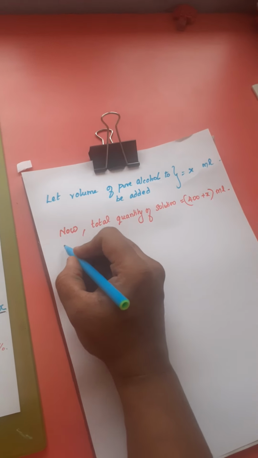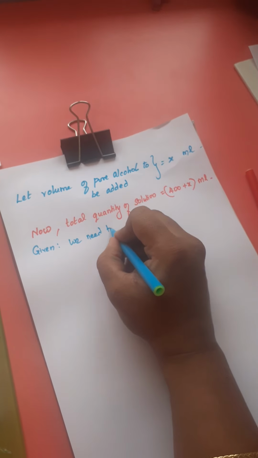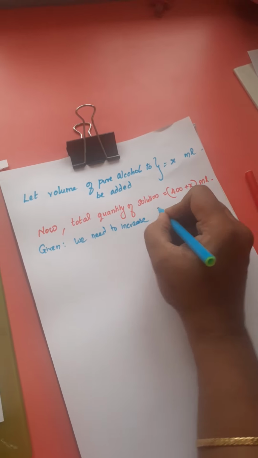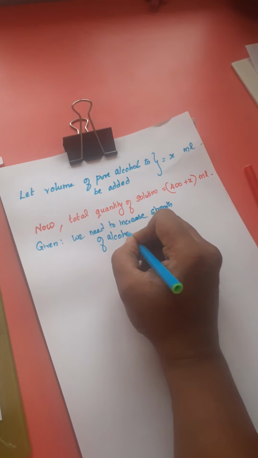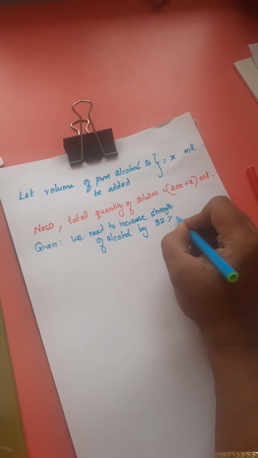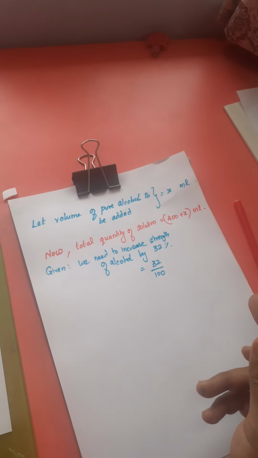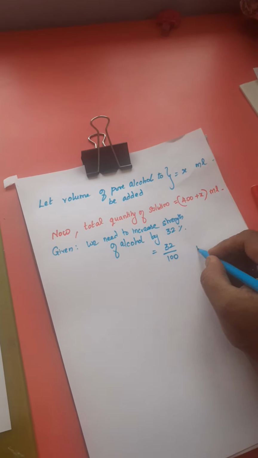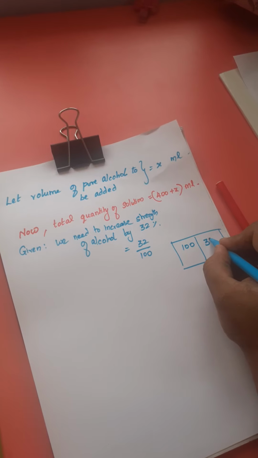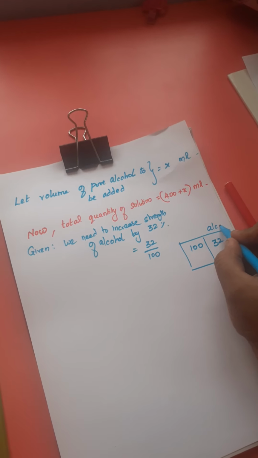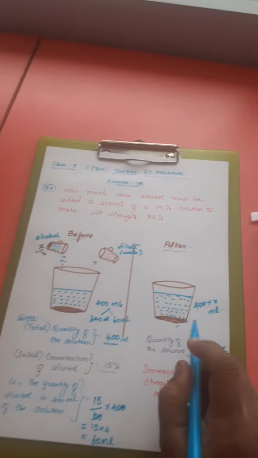Now, what is given? We need to increase the strength of alcohol to 32 percent, that is 32 by 100. If I put a box, if 100 parts is the total solution, 32 parts is the alcohol content.